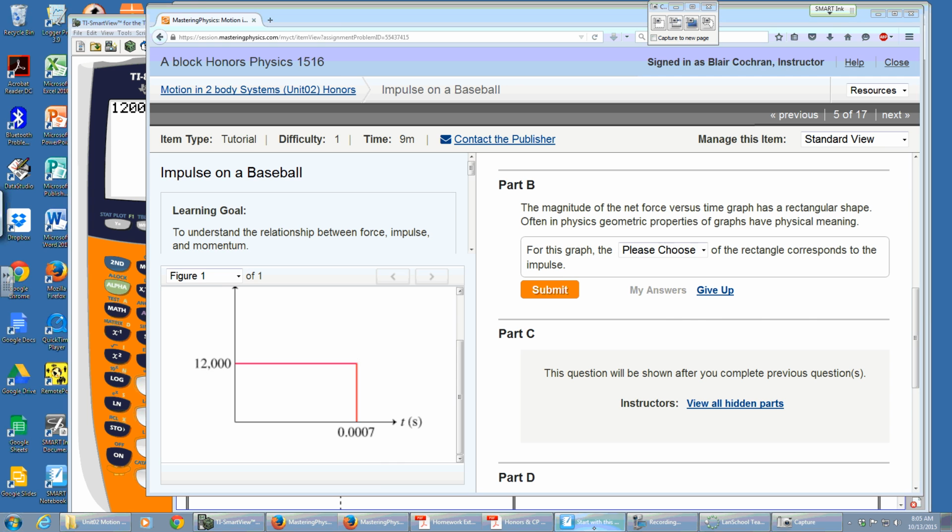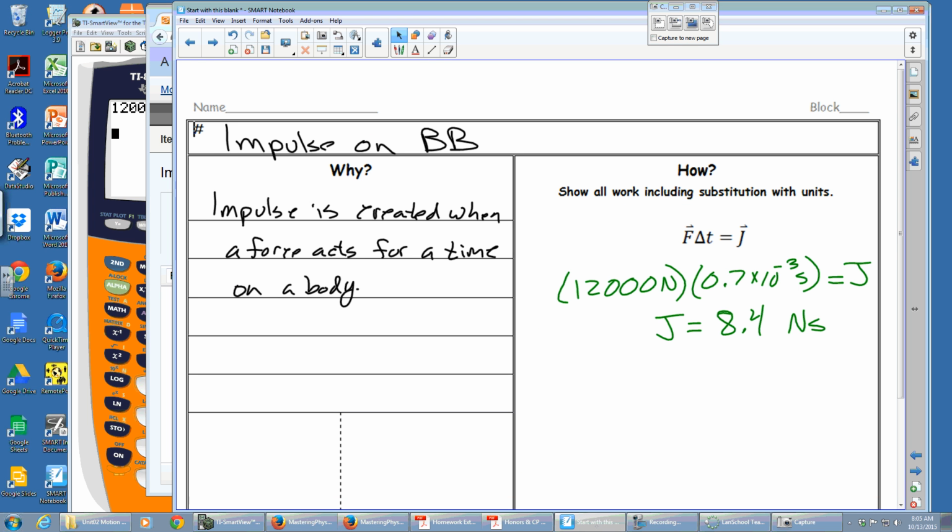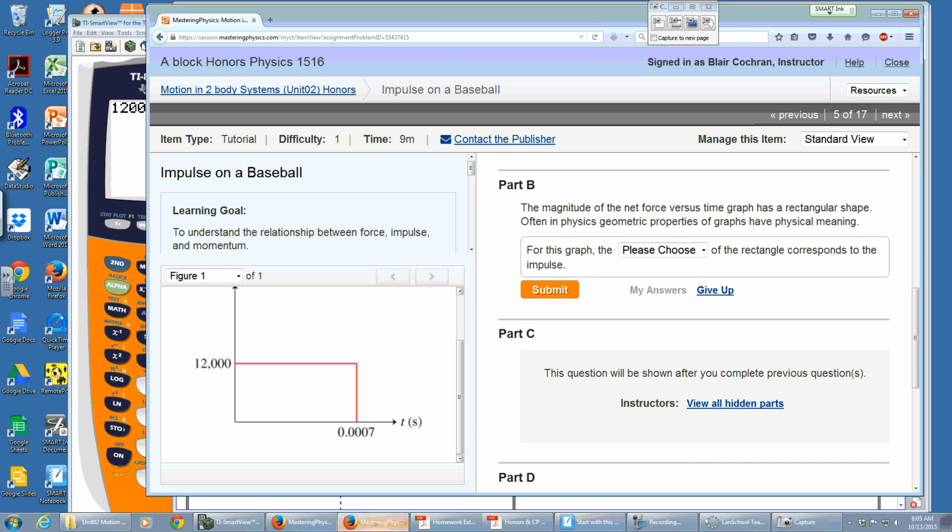Anybody tell me what I did here? What mathematical operation? Multiplication. And what did I multiply together? Newtons and seconds. And what does the newtons represent? And what does the seconds represent? Time.